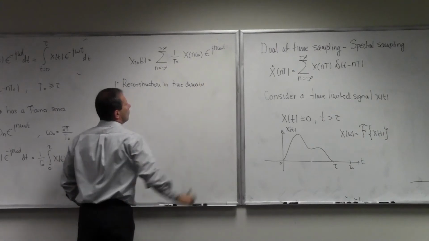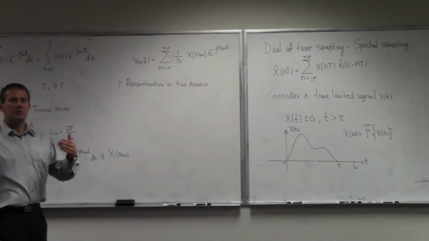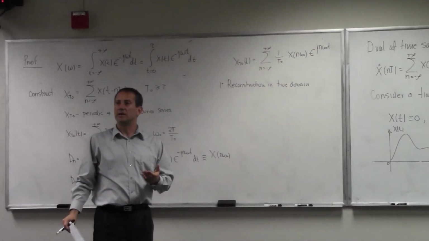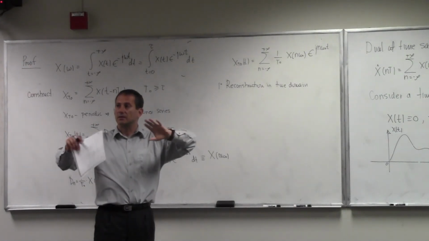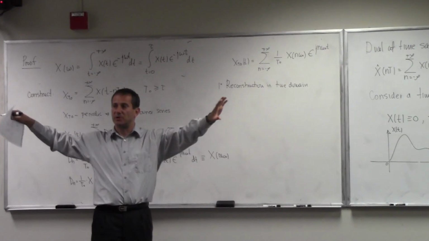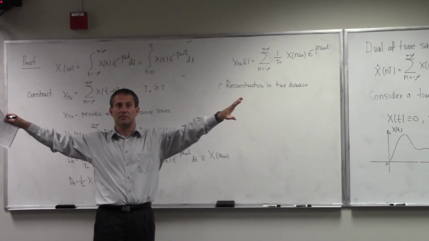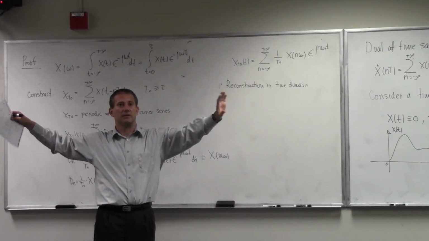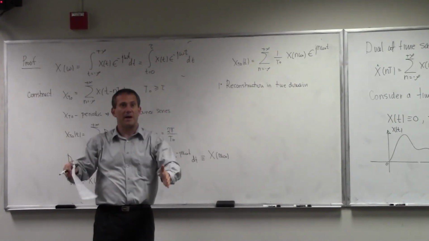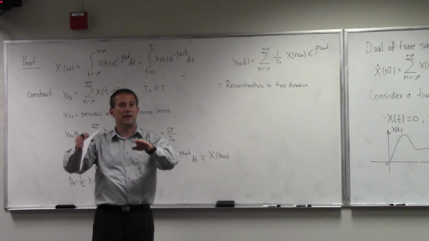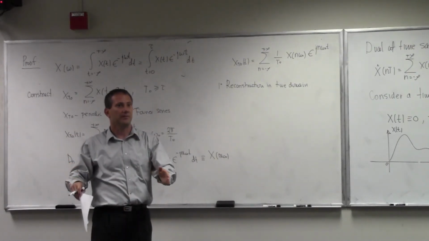What was the reconstruction in the frequency domain when we were doing sampling in the time domain? Let's say I do sampling in the time domain. The spectrum of the signal is periodically extended in the frequency domain. How do I get my signal just looking at the frequency domain? Low pass. I have to low pass in the frequency domain and just get the main lobe, right?